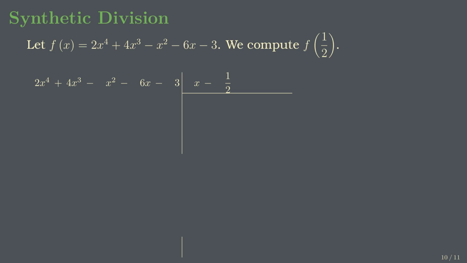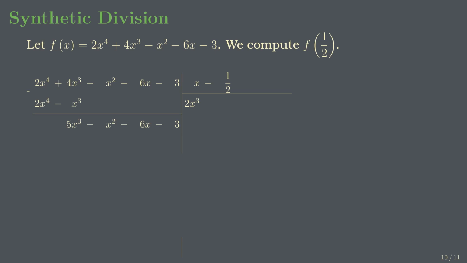Okay, so remember we can do long division. If you want to divide the left polynomial by the one on the right, you take the highest term of the left, and divide it by the highest term on the right. Then you get 2 times x cubed, and you multiply this term with the divisor, and you get this polynomial. Taking the difference between these, you get another polynomial. You do the same trick again with this one.